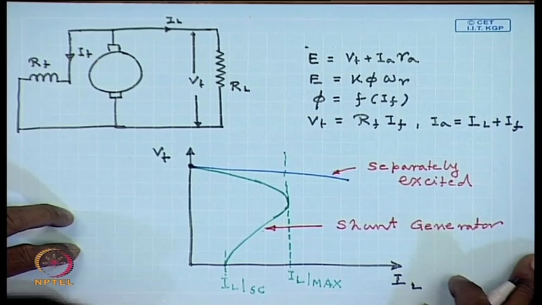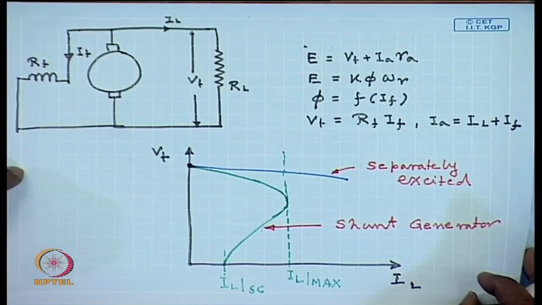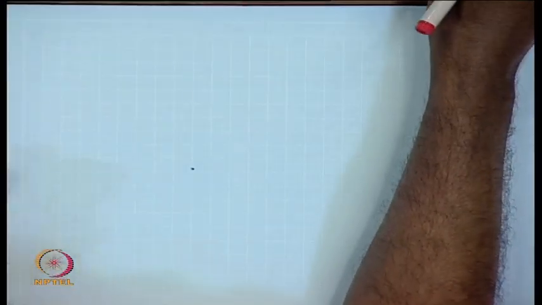In fact, these external characteristics can be obtained from the OCC of the machine graphically. The procedure is as follows.